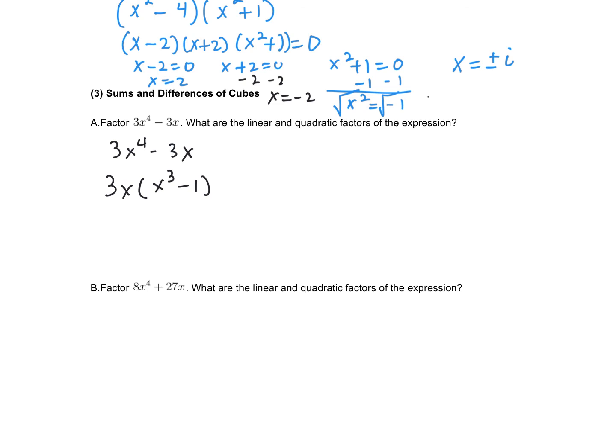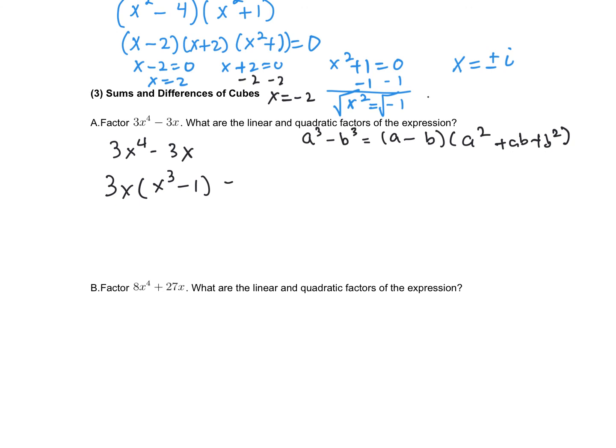So if it's a difference of cubes, then we know that a cubed minus b cubed is equal to a minus b times a squared plus ab plus b squared.